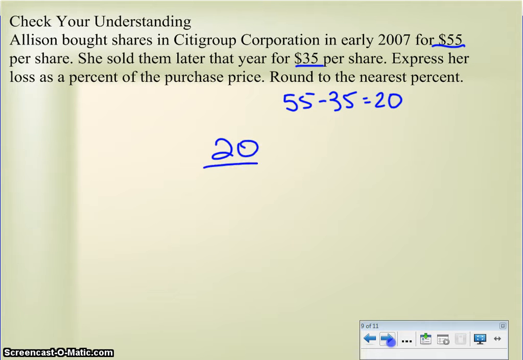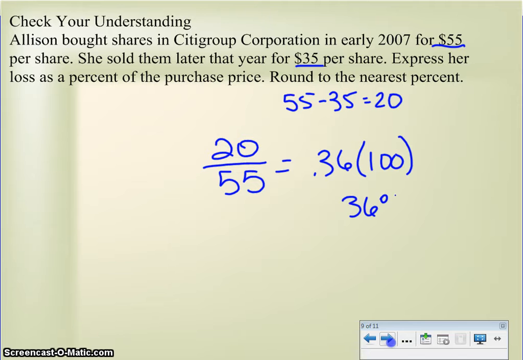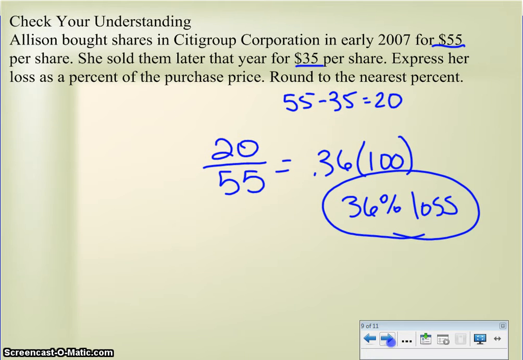It goes on top. And then the purchase price was $55. That goes on the bottom. So we end up with 0.36. And when we multiply that by 100 to get it to a percent, it's a percent loss of 36%.